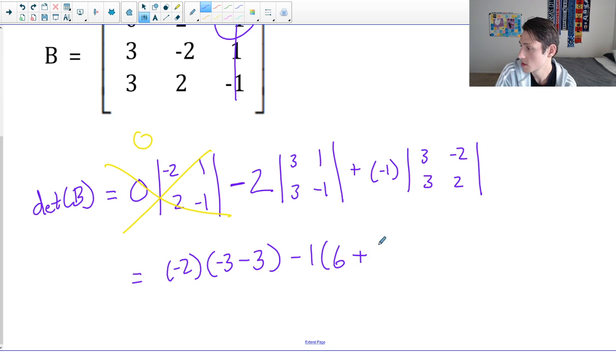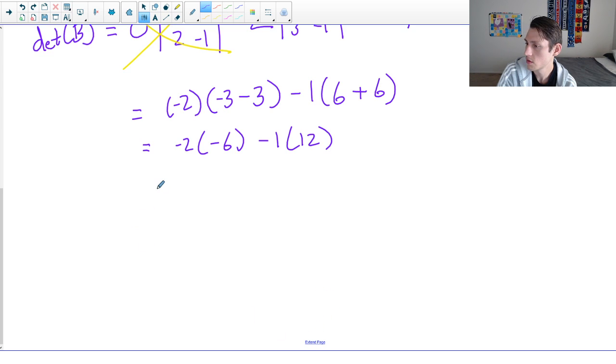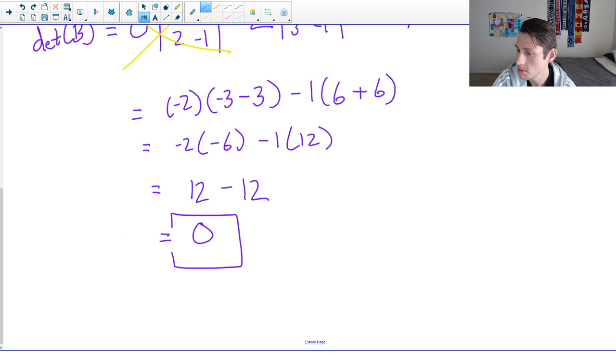That's one of those terms where this turns into 6 plus 6 then. So negative 3 minus 3 is negative 6. 6 plus 6 is 12. So I have my two negatives over here. Negative 2, negative 6 is positive 12 minus 1 times 12. So 12 minus 12. My determinant ends up being 0.